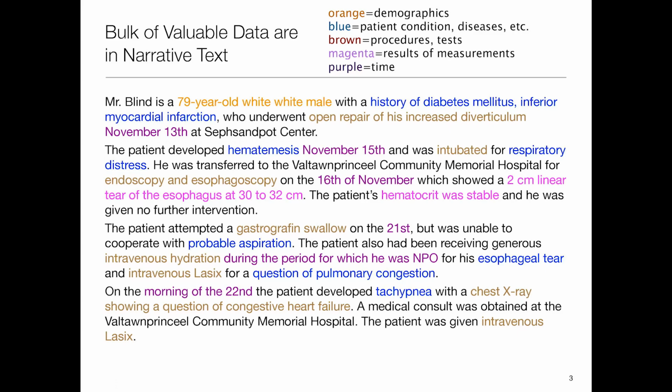Again, that's not the name of the actual place. And then he developed hematemesis, so he was spitting up blood, and was intubated for respiratory distress, so he wasn't breathing well. So these are all really important things about what happened to Mr. Blind. And so we'd like to be able to take advantage of this.